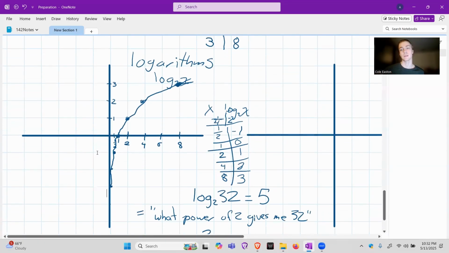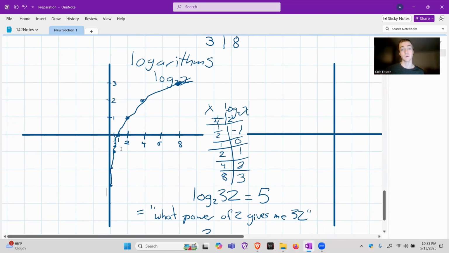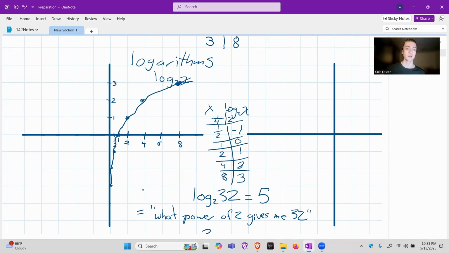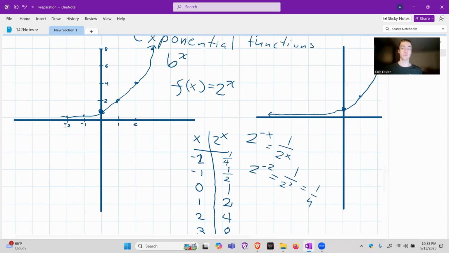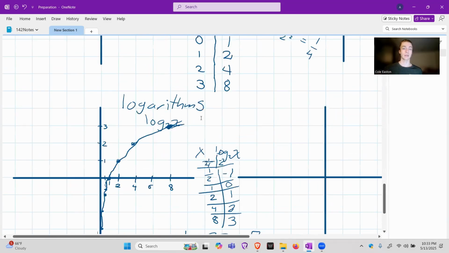So there's no way to get a negative number, which means that graphing this function to the left of the y-axis doesn't make sense. So this function is only graphed to the right of the y-axis, and it looks like this. And it is exactly the exponential function that we drew above, reflected about the line y equals x. So these are mirror images because they're inverse functions.